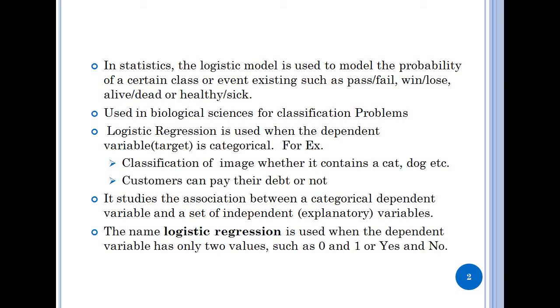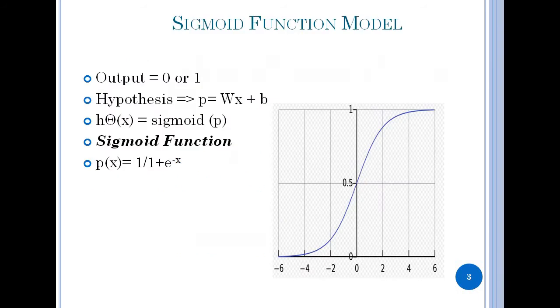So it studies the association between a categorical dependent variable, meaning the output, and a set of independent variables, meaning the input variables, input parameters, input features. So the name logistic regression is used when the dependent variable has only two values, 1 or 0, yes or no.